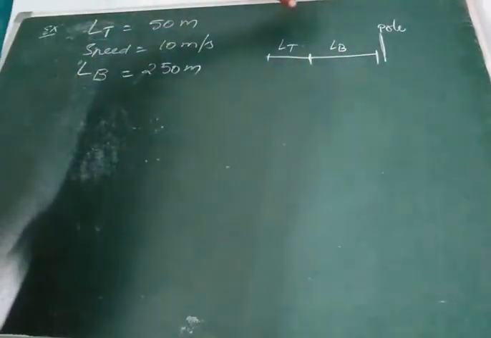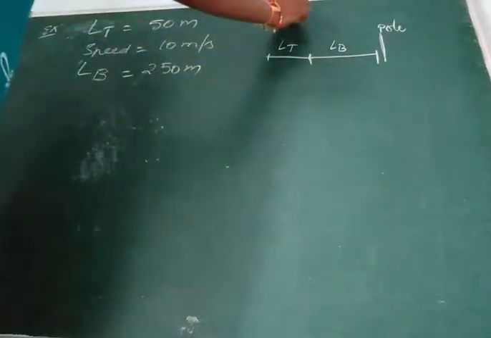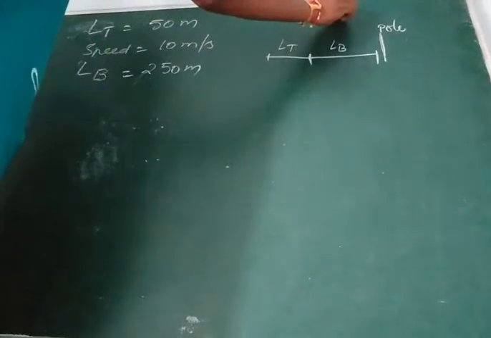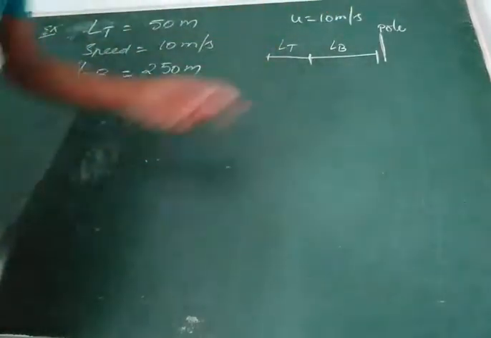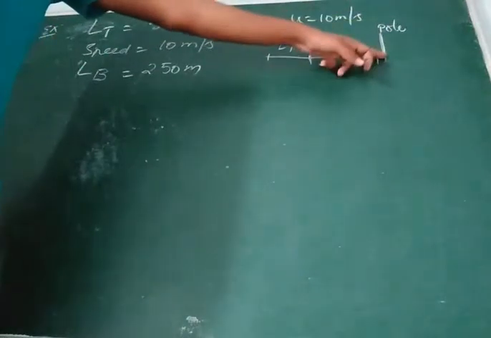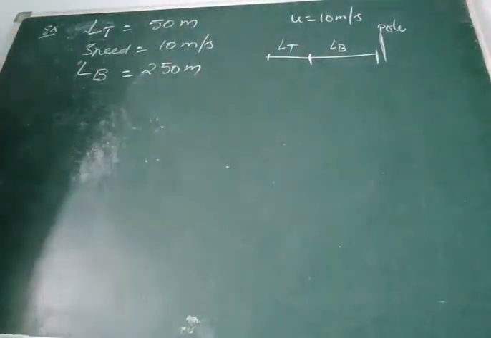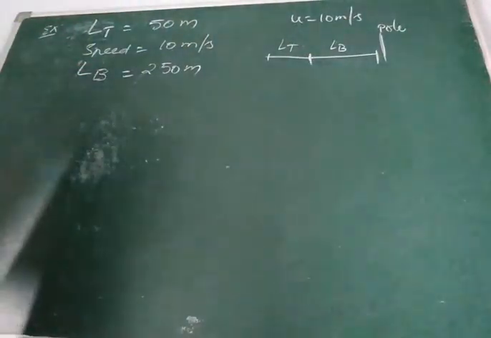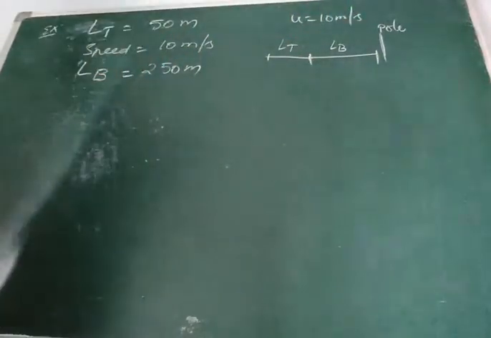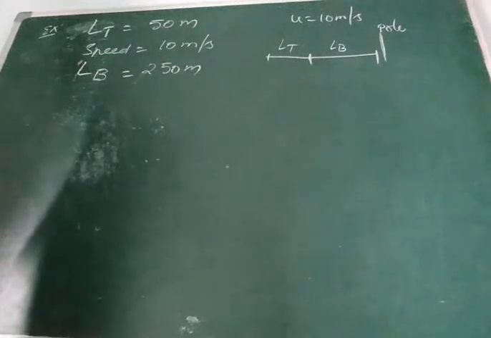If the train is moving with a constant speed of u is equal to 10 meters per second, then to cross this pole, how much time will it take? We have to calculate the time taken to cross the pole.